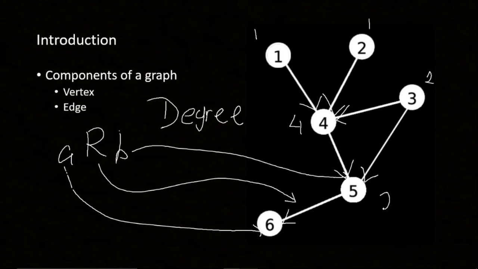This one has 3. And this one has 1. Some other terms, such as inward and outward direction, also matter, like in-degree or out-degree. As you've guessed, it's used in the directed graph to measure how many edges are directed to that particular node, or how many edges go outwards.